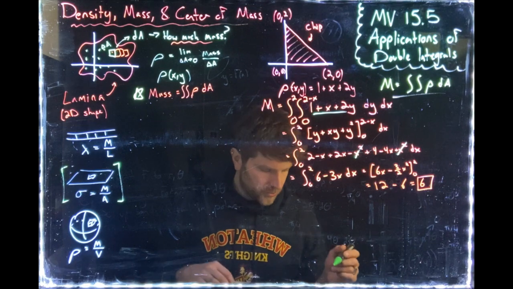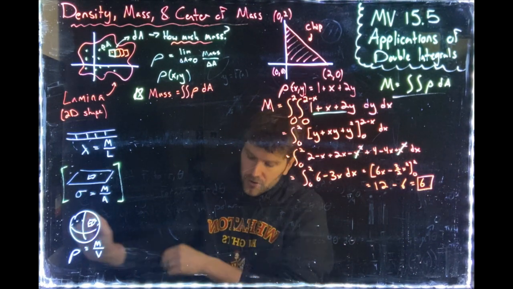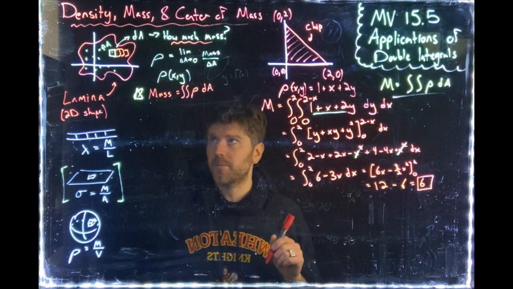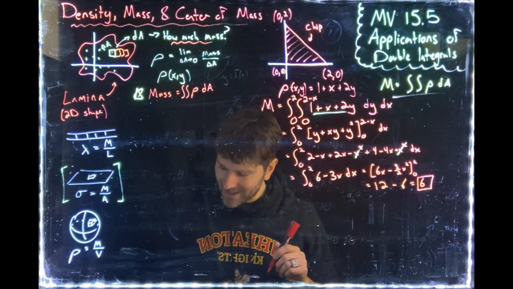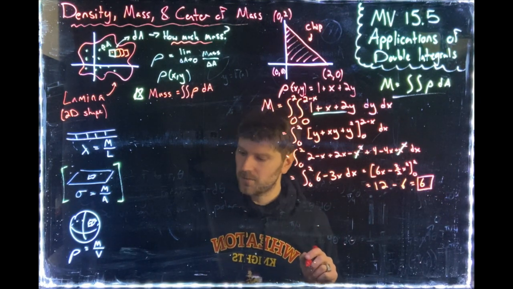One of the other things you can do is use this to find center of mass. The way that you find the center of mass of an object is that you take a weighted average, and we'll go through in class a little bit deeper into the derivation of this.